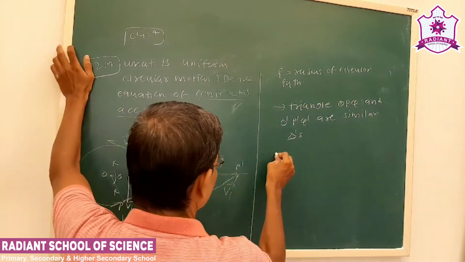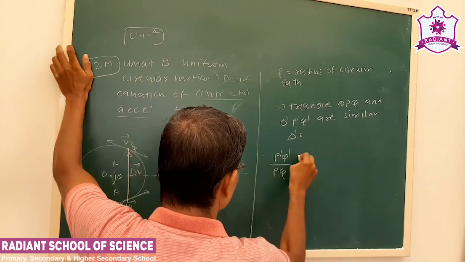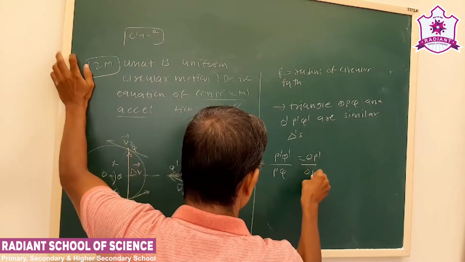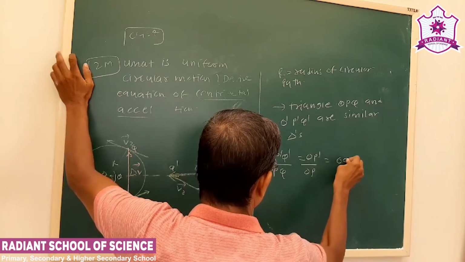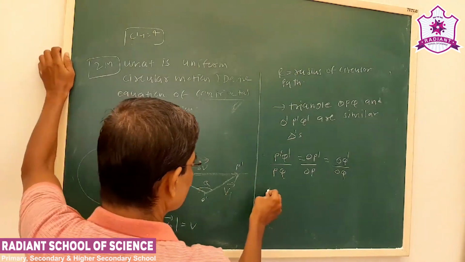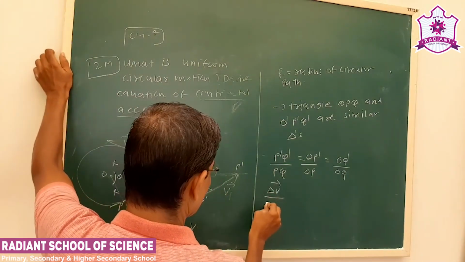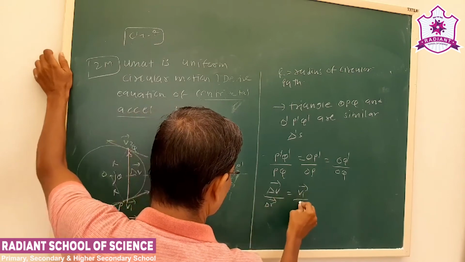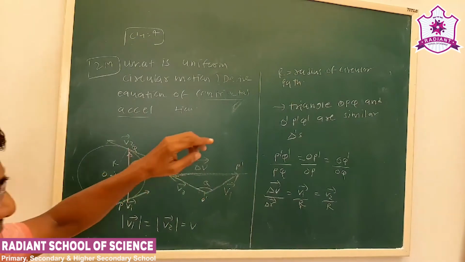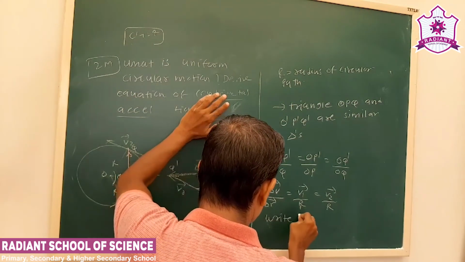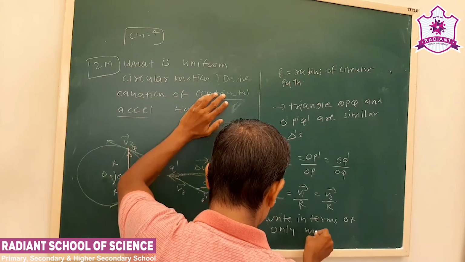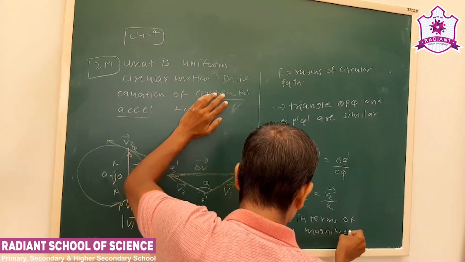So we can say, P dash Q dash upon PQ is equal to O dash P dash upon OP. Okay, now P dash Q dash is delta V, PQ is delta R, V1 upon R. Now these are all vectors.